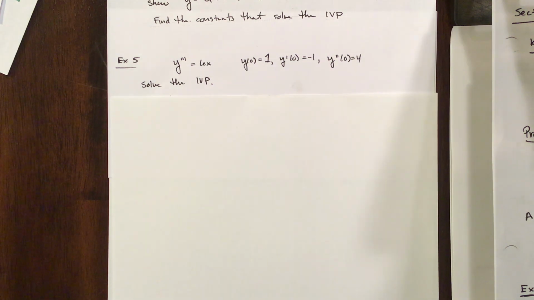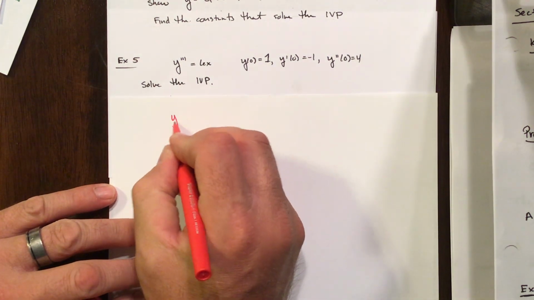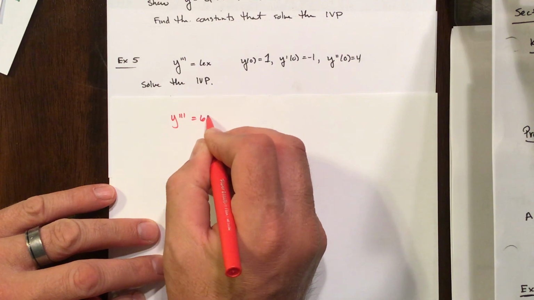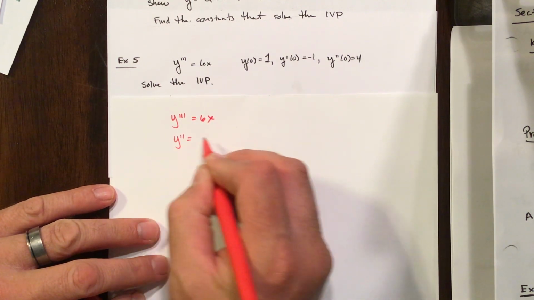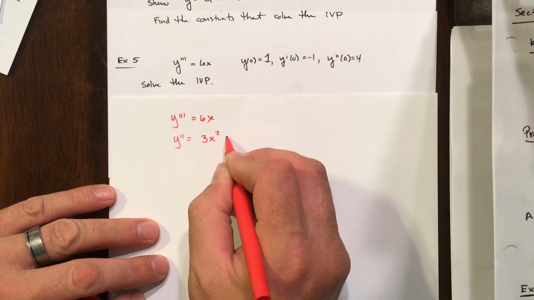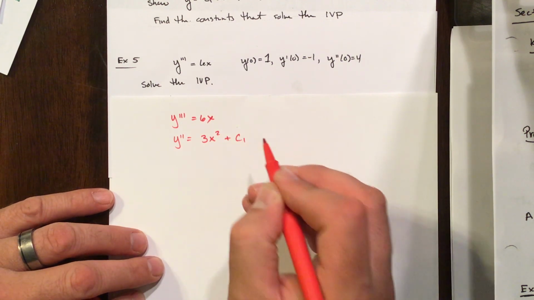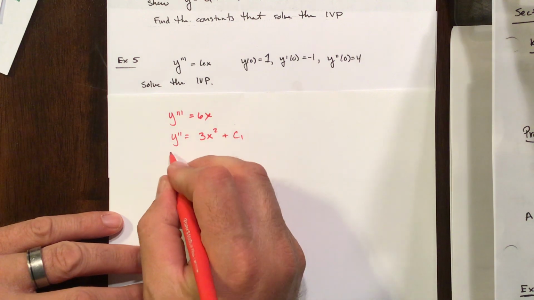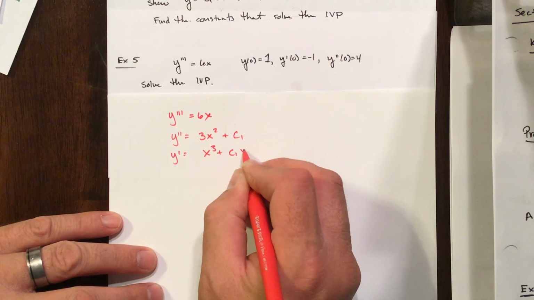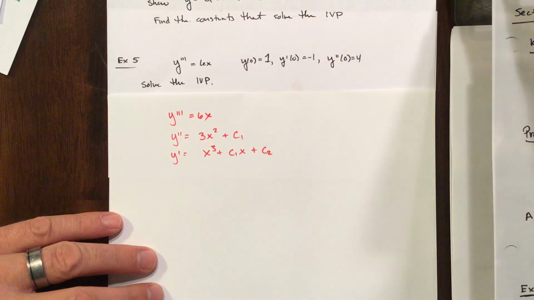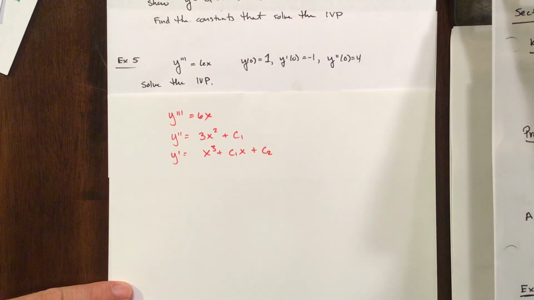So, look at this. If y triple prime equals 6x, then y double prime is 3x squared plus a constant, call it C1. What's y prime? Well, that's equal to x cubed plus C1x plus a constant, call the second constant C2.